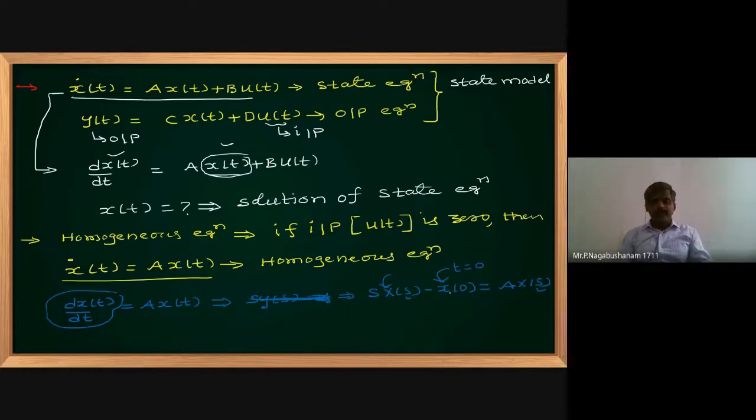In the exam itself they will give at t equal to 0. That's why I'm using the difference between capital X and small x. If I refer to some local author, they may use the same symbol. Anyway, initial conditions are always with respect to time. The remaining is the Laplace operator.